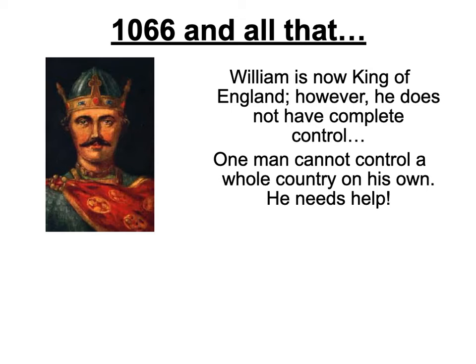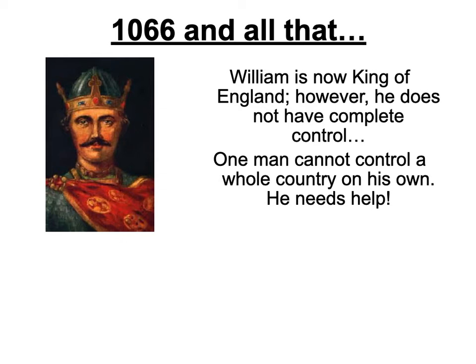Now we finished last term with the Battle of Hastings, with William the Conqueror becoming the King of England. So, done and dusted. He's king now. All totally fine. He's in complete control, right? Well, not really.